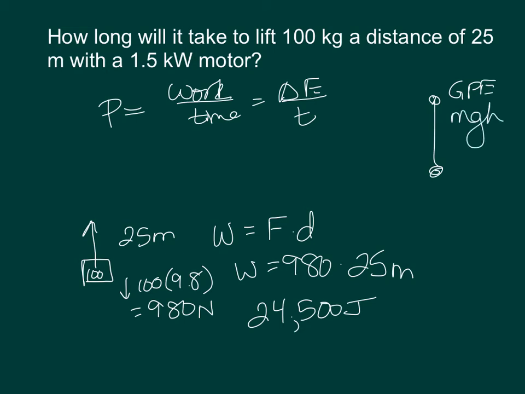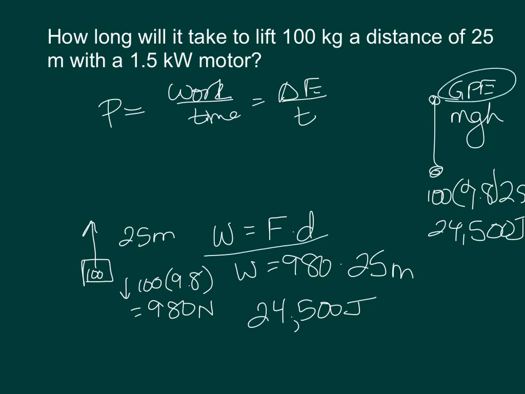And so what do you have to do? Take your mass, 100 times 9.8, times your height, which is 25. Oh, look, that's the same math we just did. 24,500 joules. So see, either way, force times distance or change in energy, it works out the same way.